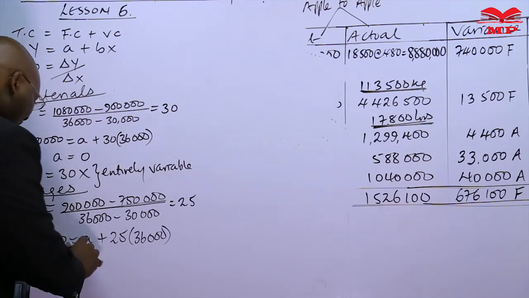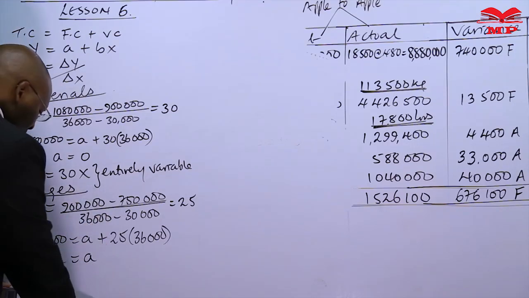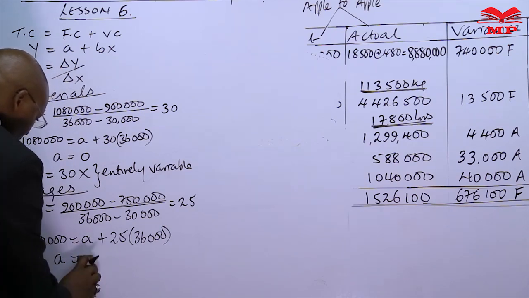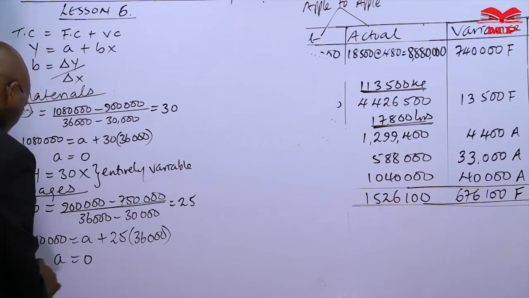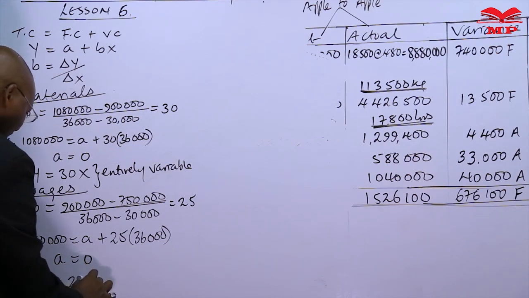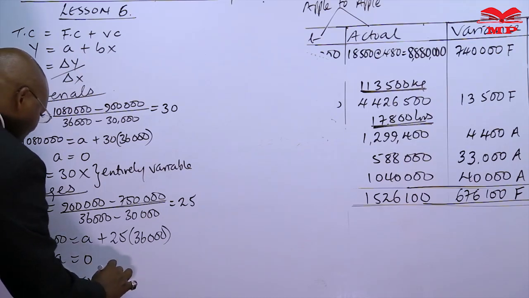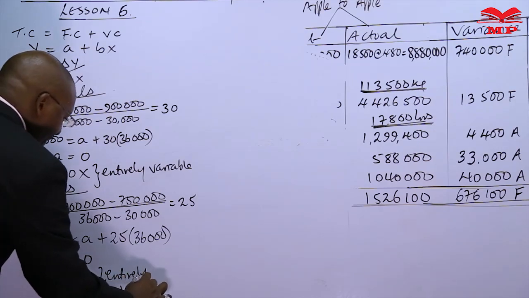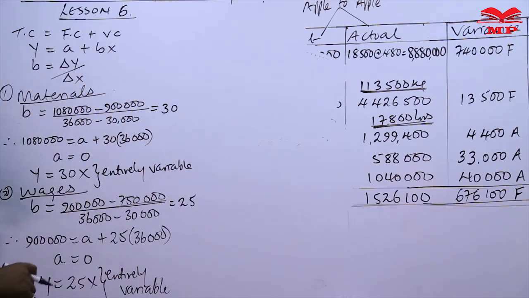That means again I have a as 0. So that means we have my y as 25x. Again, that tells us that the whole of this is entirely variable. That's all about the number 2.